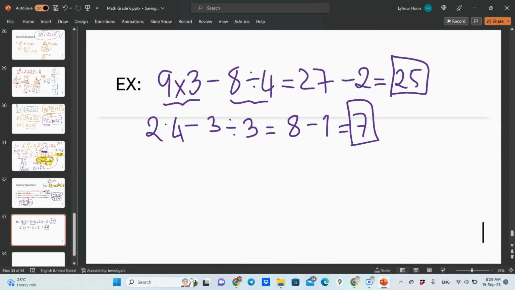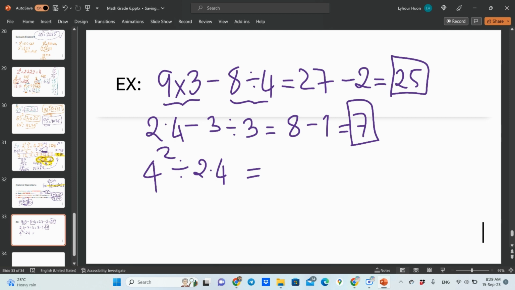Now the next one: we have 4 squared divided by 2 times 4. What do we need to do? What is this equal to?